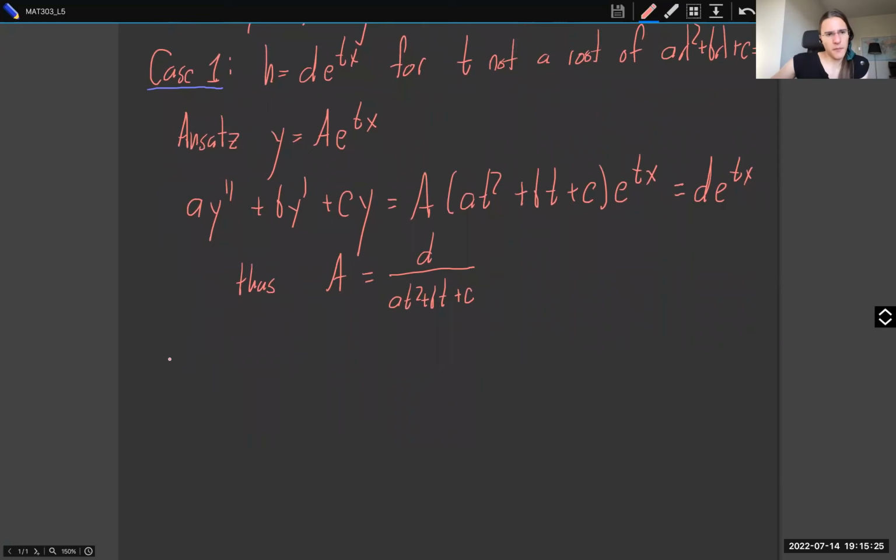So let's do an example. Or I can tell you, okay, I guess I can tell you what the other cases are. Cases 2 and 3.